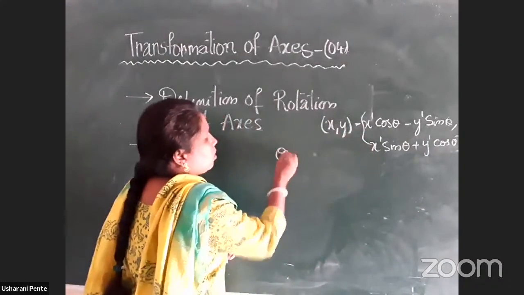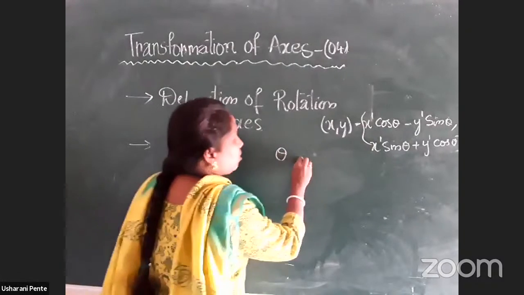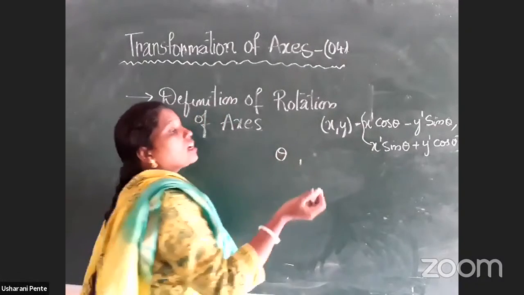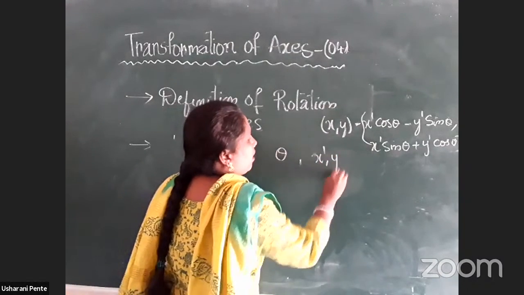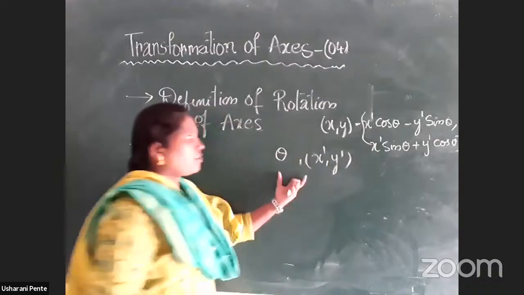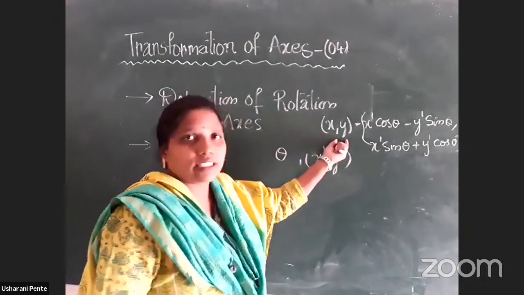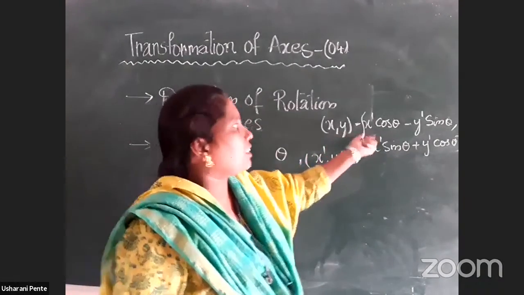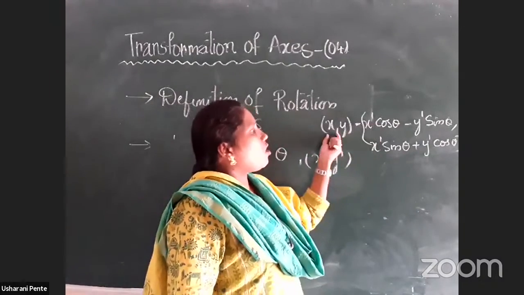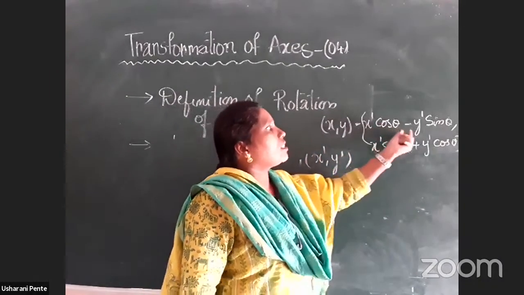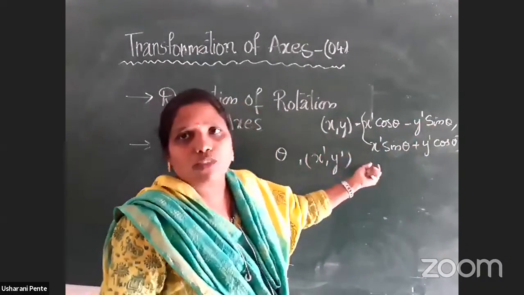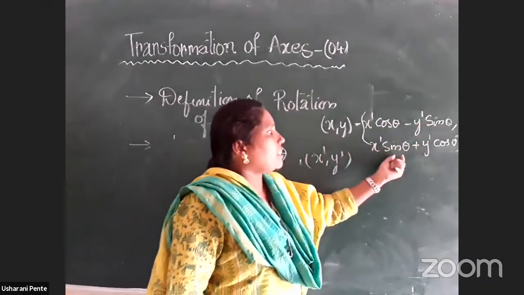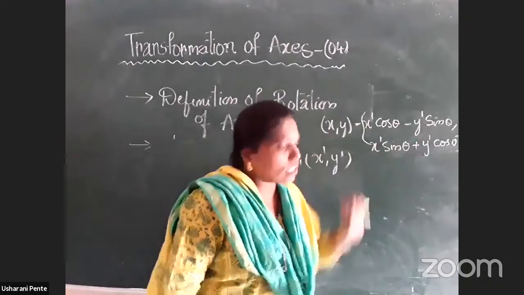If they specify the theta value and the coordinates in the new axis, that is x dash, y dash, we find the coordinates in the original system: x is x dash cos theta minus y dash sin theta, while y is x dash sin theta plus y dash cos theta.